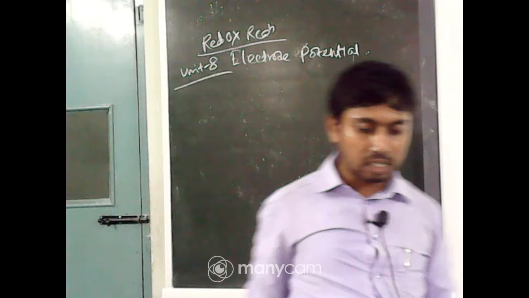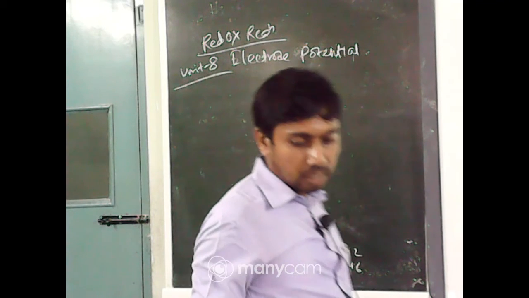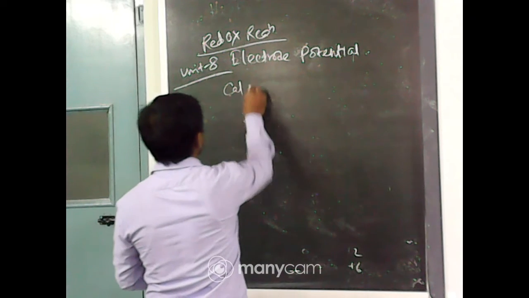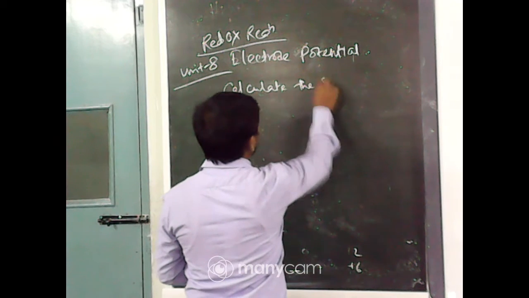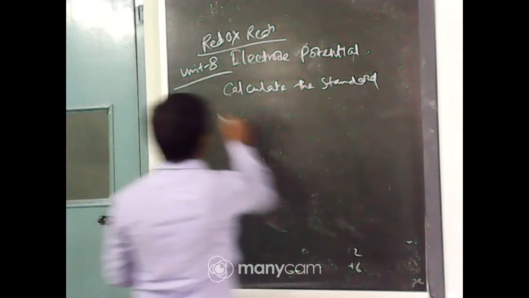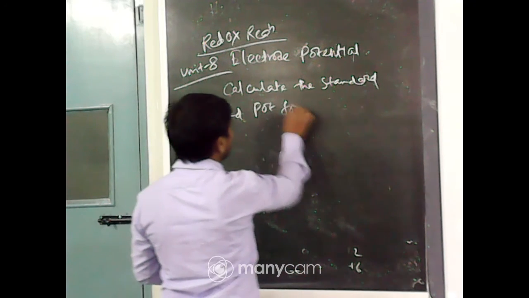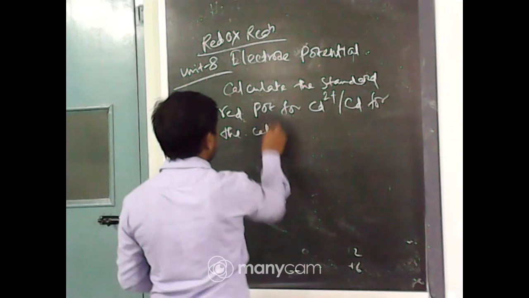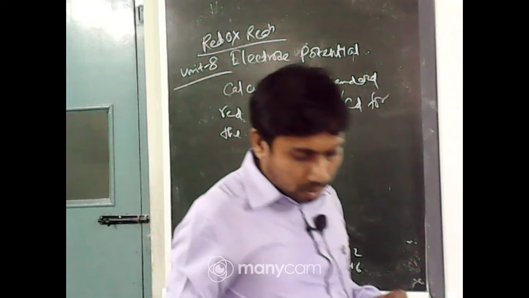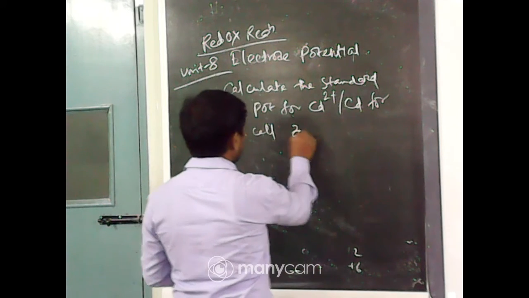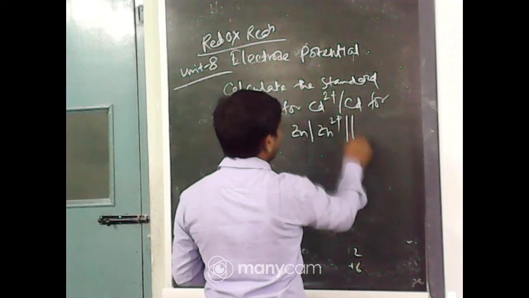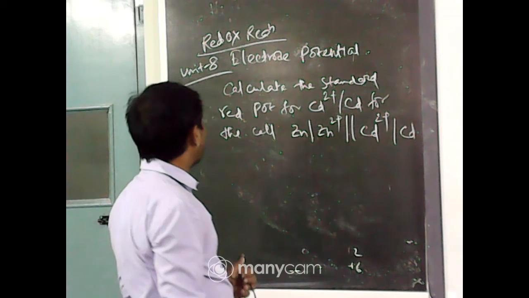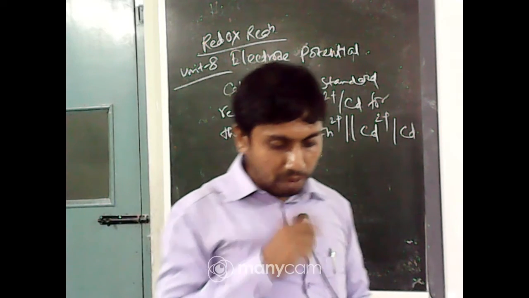Calculate the standard reduction potential of Cd2+/Cd, that is the cadmium electrode, for the cell Zn|Zn2+||Cd2+|Cd.